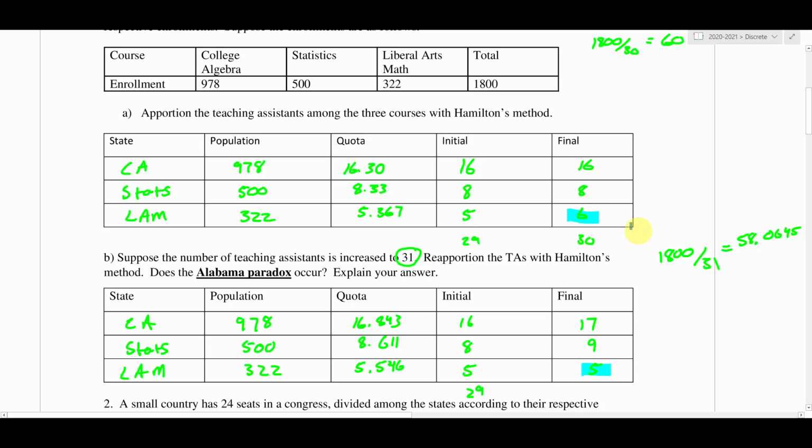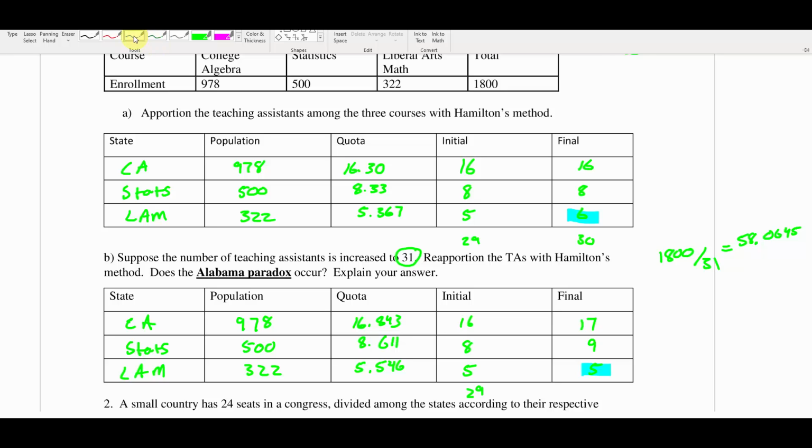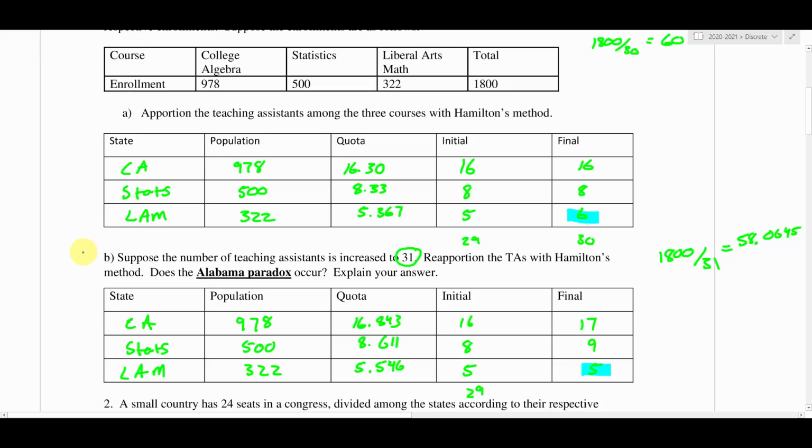This shouldn't happen, right? It's almost like those fairness criteria, like that's not fair, that shouldn't happen, but under Hamilton's method, it does. And it happened to Alabama, and they got really upset about it. They did not like that they lost a seat because they increased the number of representatives in Congress. It was a huge ordeal.